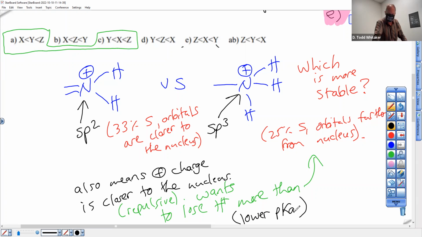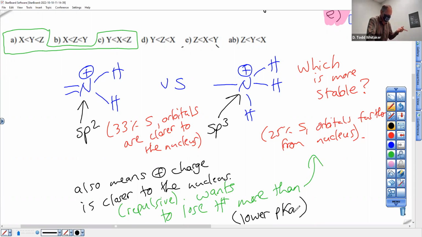So unstable means reactive. When we're talking acids, lower pKa. Stable means less reactive, means higher pKa. Make sense? Okay? So the one with the double bond has the lower pKa and it's more acidic.